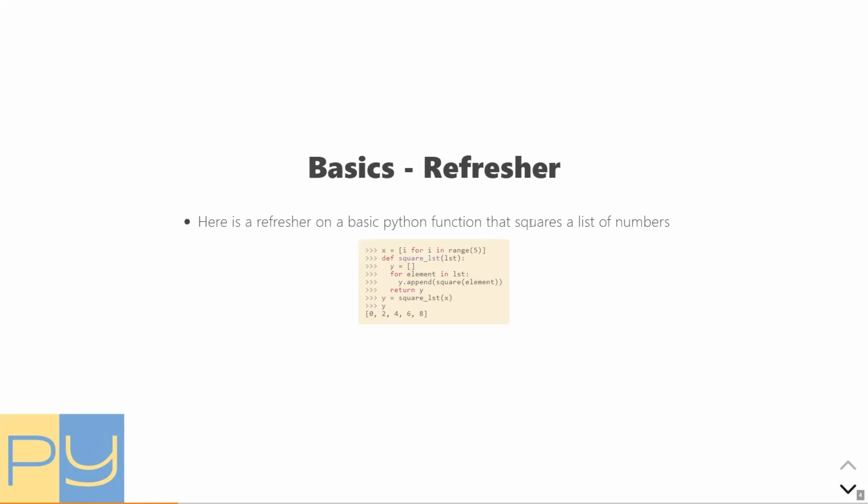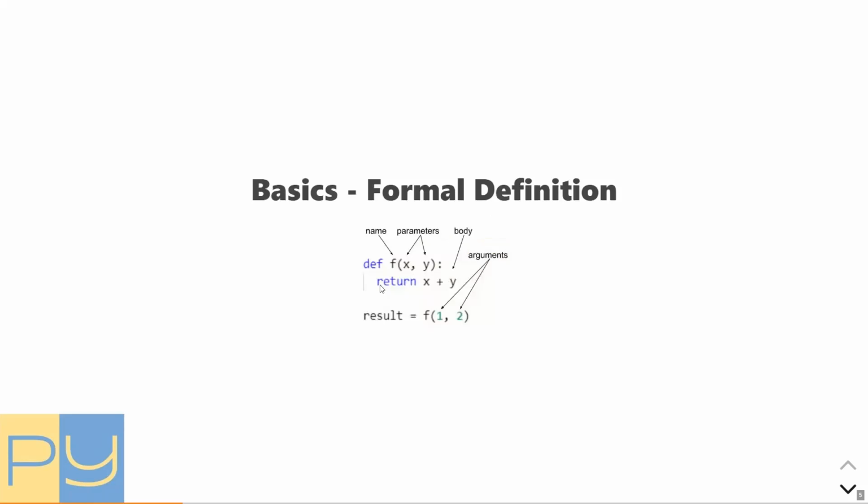Okay, now after that, we can formalize some of these notions. The name of the function is what's put right after the def. It's called f in this case. We have function parameters, which is what the function consumes. And I want to differentiate parameters from arguments, because arguments are what you pass into the function.